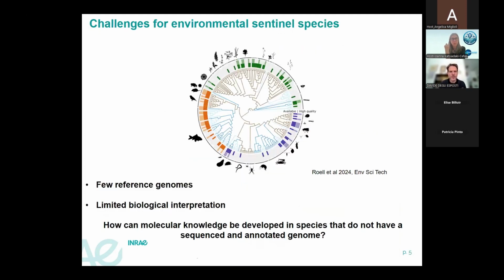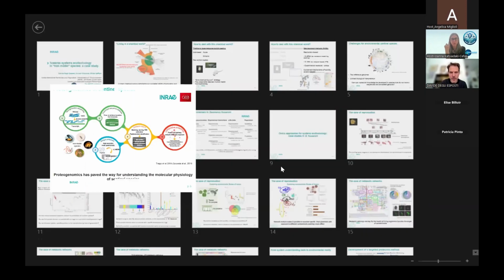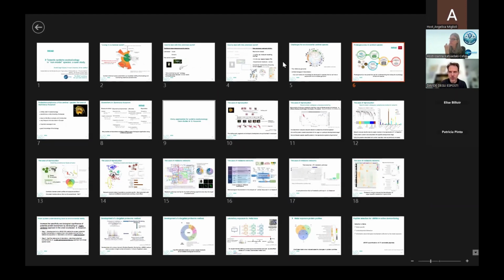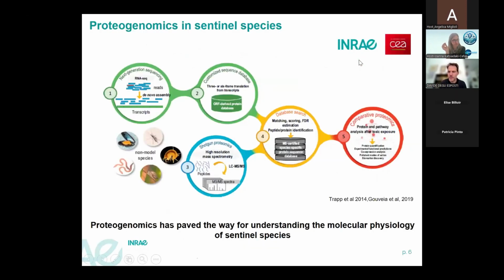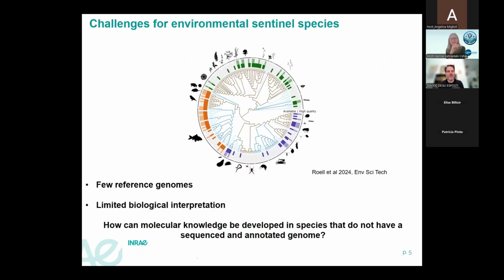But for environmentally relevant species, for sentinel species used in ecotoxicology, we still have few reference genomes.